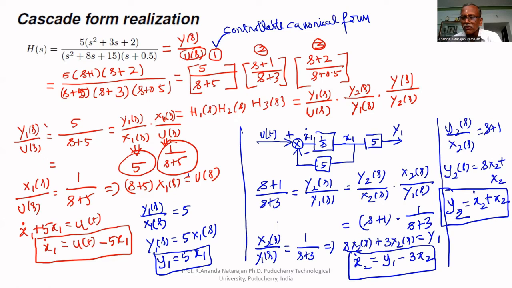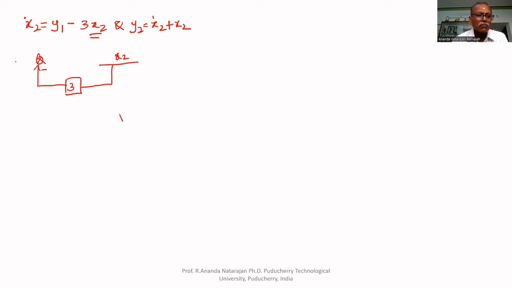The equation is x2 dot equal to y1 minus 3x2, and another equation is y2 equal to x2 dot plus x2. Assume that x2 is available. Take 3 times x2, add this to y1, so y1 minus 3x2 is x2 dot.